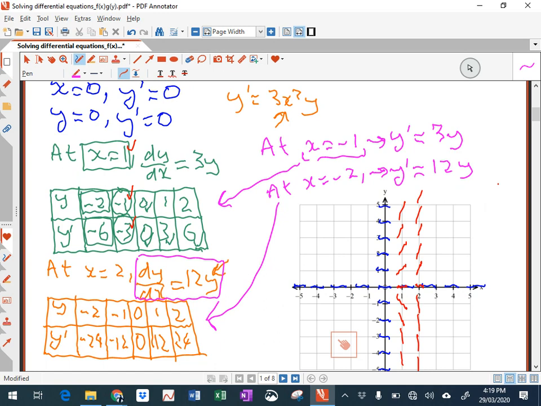So let's have a look at x equals -1. Now, at x equals -1, these values here will be mirrored, won't they? So -1, -2, the slope is -6.